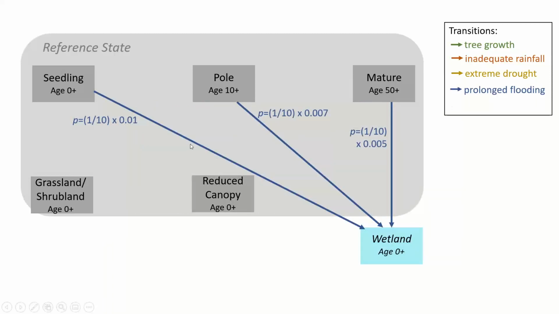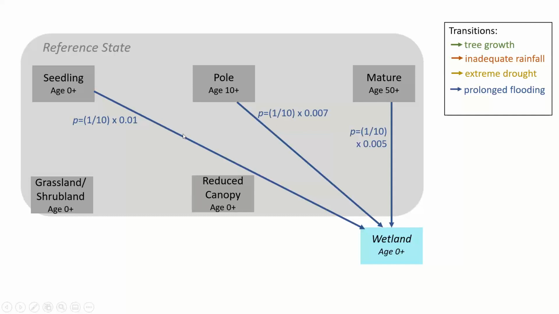The next transition we considered, and these are all natural transitions because we're in the reference state, so we're running out of room here, there's not going to be any anthropogenic transitions in this first model, the reference model. We had prolonged flooding, which you can see the return interval here is 1 in 10 years. However, when it happens, there's a fairly low probability, and it decreased as you got more mature.